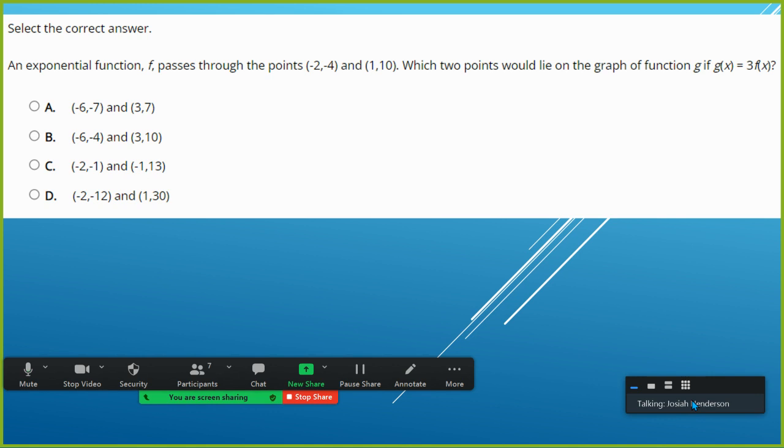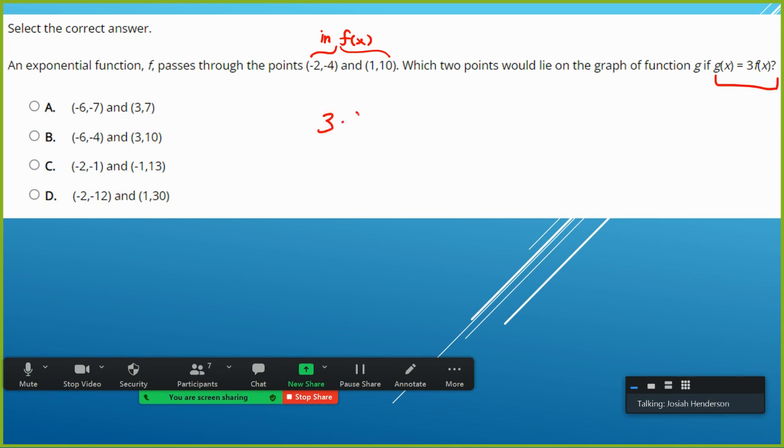An exponential function f passes through the points (-2, -4) and (1, 10). So these 2 points are on the f of x function. Which 2 points would lie on the graph of the function g if g of x is equal to 3 times f of x?